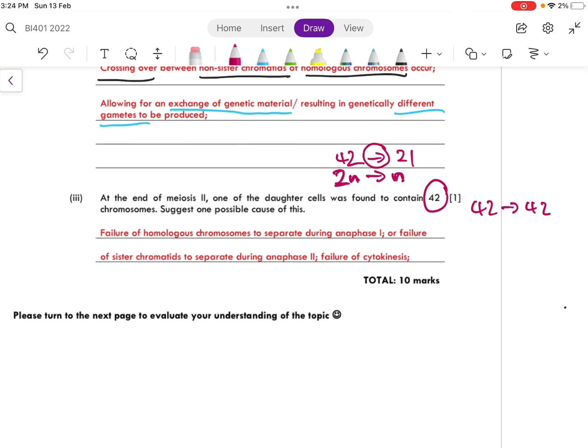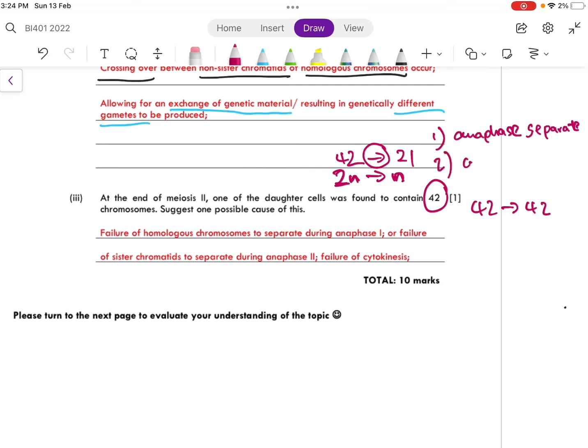It halves because of a few things. Number one, it halves because anaphase takes place. Anaphase helps to separate the homologous chromosomes or the sister chromatids apart from each other, bringing the chromosomes to opposite ends of the cell, which is important so that we can eventually sort them into two different cells.